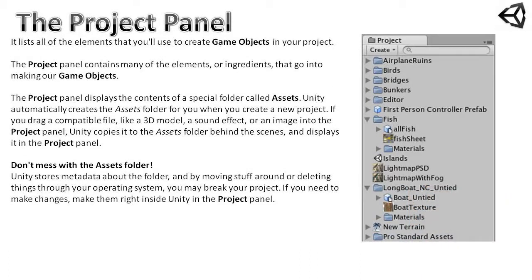So yeah, that was stepping through the frames. And the project panel we've already kind of looked at, but the biggest thing with the project panel is to only manage your assets within Unity if you can. Don't use Visual Studio, don't use Windows Explorer unless Unity is open.